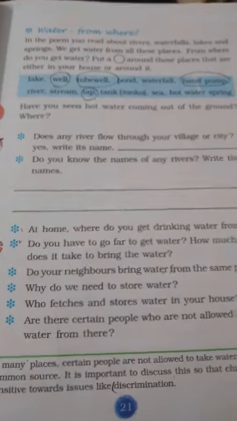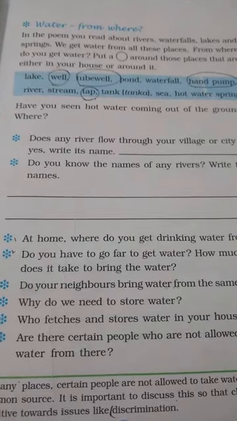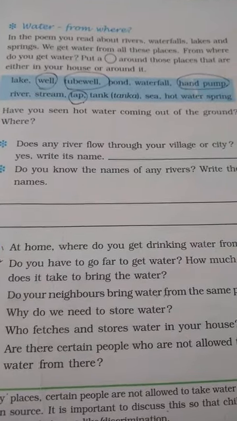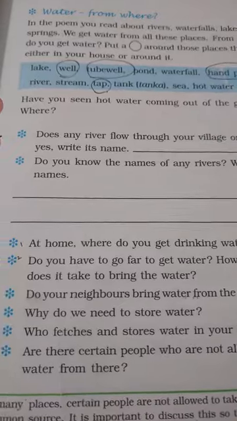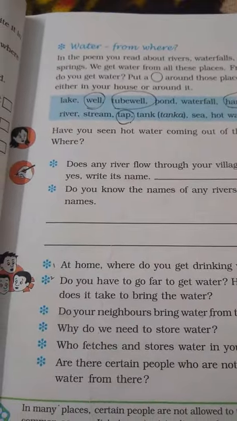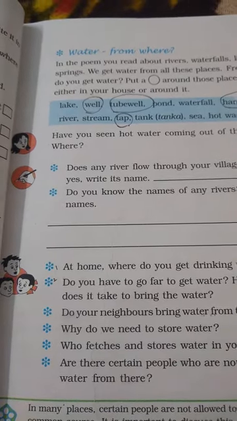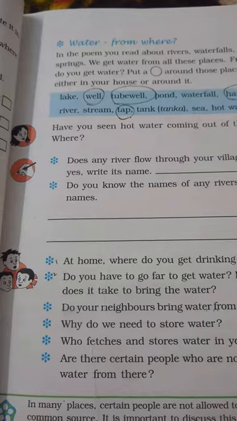Now open your page number 21. We are going to do another exercise. Water from where? In the poem, you read about rivers, waterfalls, lakes, and springs. We get water from all these places.